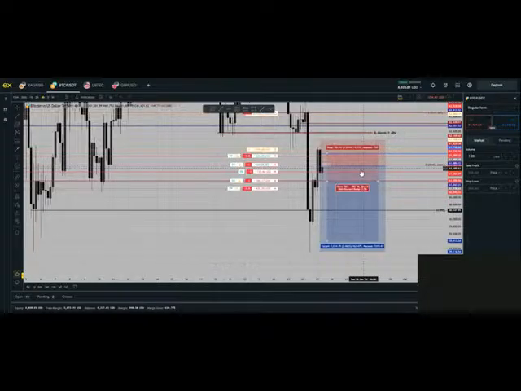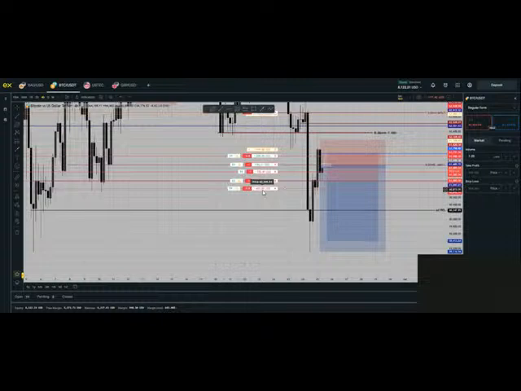So these entries I took earlier here, I took this entry right here. As we were testing this level, I took this entry, and another entry was here. This was a formal entry, and definitely it has costed me a lot. As you can see, it is in a drawdown of 442 right now.